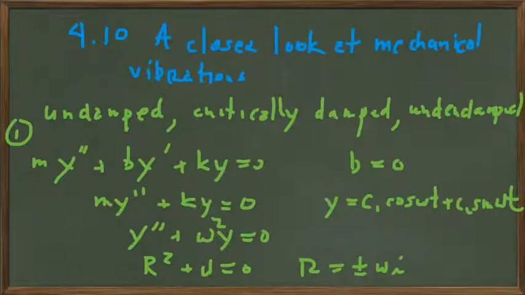Now we're going to want to rewrite that solution in a different form so that it's easier to work with and easier to determine where the solution curve is going. So let's move that solution form to the next blackboard and write it in a different structure.